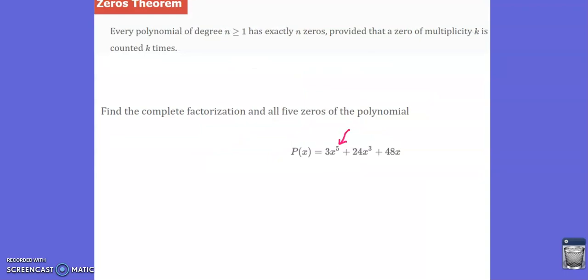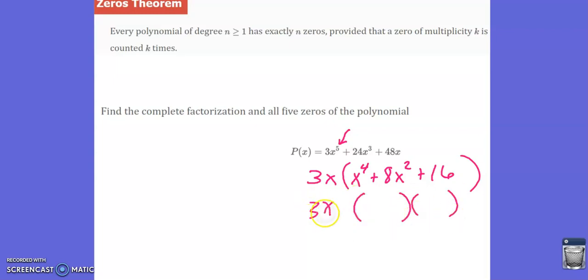All right, so it says find the complete factorization of this. If you notice that it has a GCF, you're going to factor out a 3x. And then once you do that, you're going to get that. I just took the GCF out. Now notice this does factor further. So normally, with quadratics, if we had something like this, you would say x plus 4, x plus 4. But notice it's x to the 4.